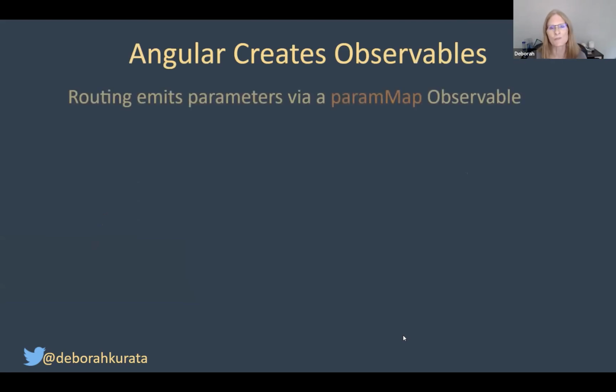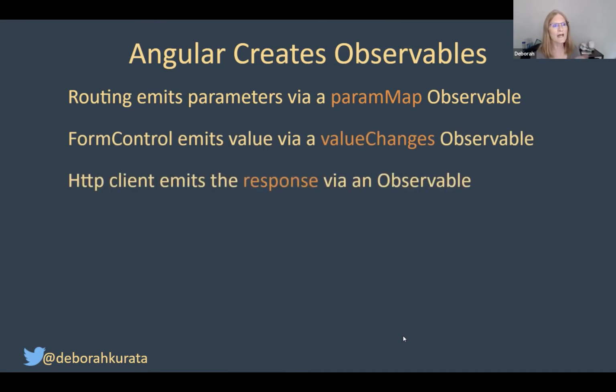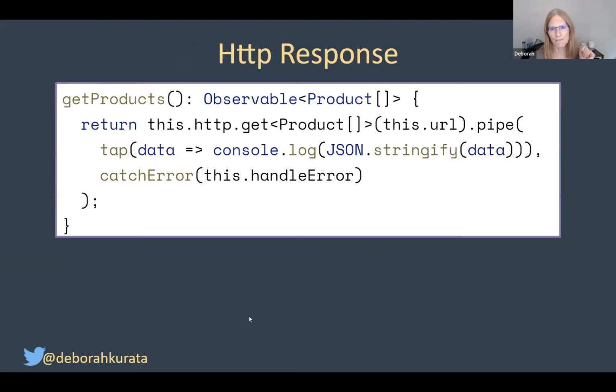Angular creates observables. Routing emits parameters via param map. Form controls emit via value changes. And of course, the one that we are most experienced with, if we do any kind of HTTP, we're going to get that response as an observable. So we've probably worked with gazillions of code that looks like this. We've got our get products method in some kind of service.